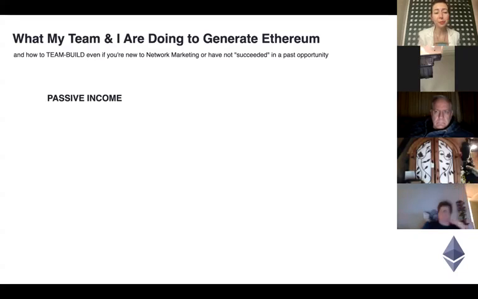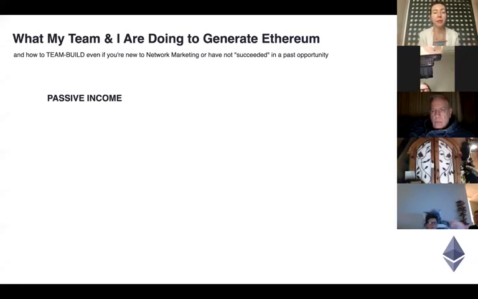Got it. So the passive income option is not for everybody, because the team building is the longer term growth. It's also the immediate pay, the immediate ETH payout. It happens immediately, and it also happens over time. It's partially residual in terms of how it works with the team.